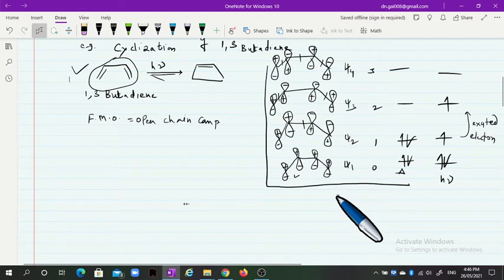Now we will discuss the thermally induced cyclization.